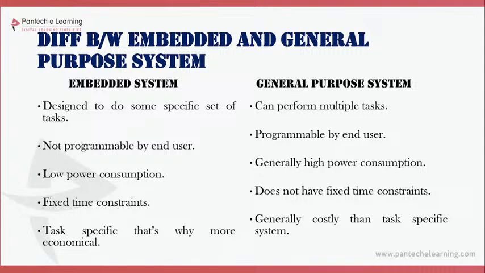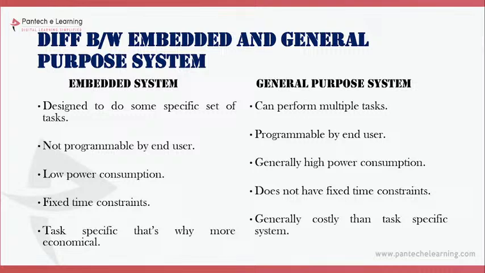If you need to detect something, you will use the IR sensor, write the IR sensor code alone, dump that into the controller, and get the output. That is what an embedded system is.